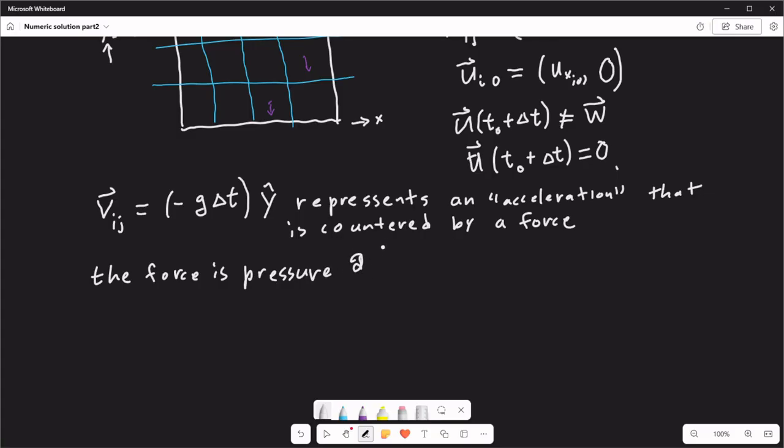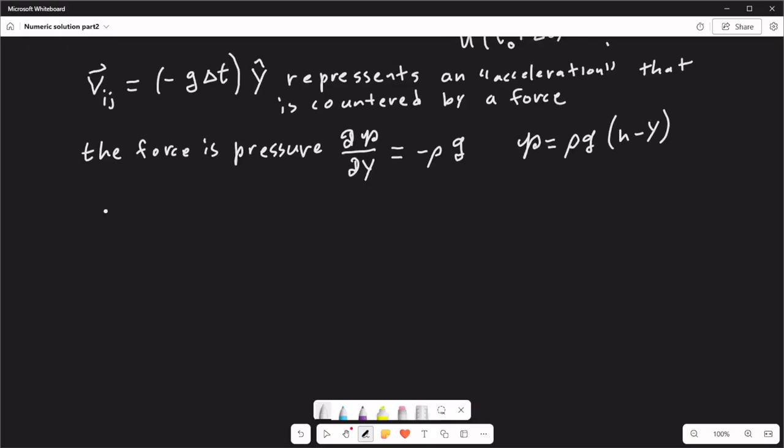So what happens here is dp with respect to y, which is the vertical direction, equals negative rho g, the gravitational force. This was derived earlier, because pressure equals rho g times (h minus y), which was computed from the column of oil.